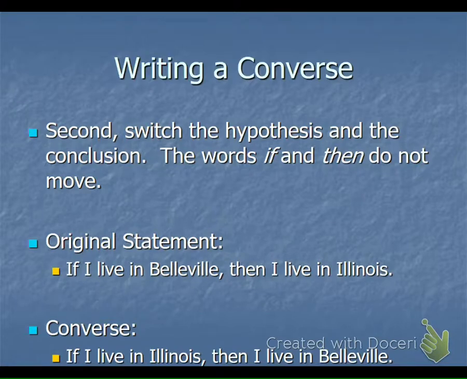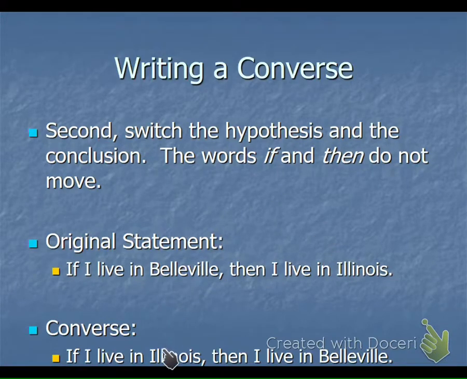Now, sometimes the converse is true. Sometimes it is not true. Is this true? If I live in Illinois, then I live in Belleville. Yes, it's true. Are you sure? No. Why not? Belleville's in Illinois, right? If you live in Belleville, you're definitely in Illinois. But there are a lot of different parts of Illinois.